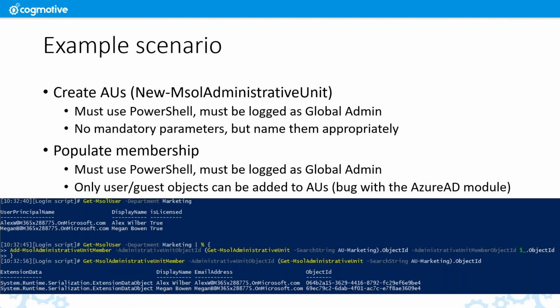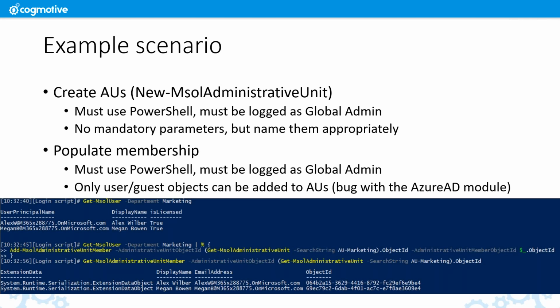Using the Get-MsolUser commandlet, we have the built-in filter for the department attribute. So I've listed all the users which are members of the marketing department, and then I've used PowerShell to simply pass this list of users to the Add-MsolAdministrativeUnitMember commandlet. And in effect, I've used this single line to populate the membership of this group.